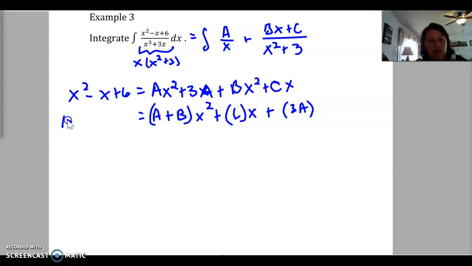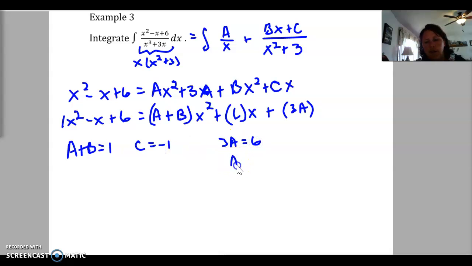So now, using our coefficients, we have A plus B equals 1, C equals -1, and 3A equals 6. So now we can go ahead and start solving for each one of those. So A is equal to 2, C is equal to -1, and 2 plus B equals 1, therefore B also equals -1.